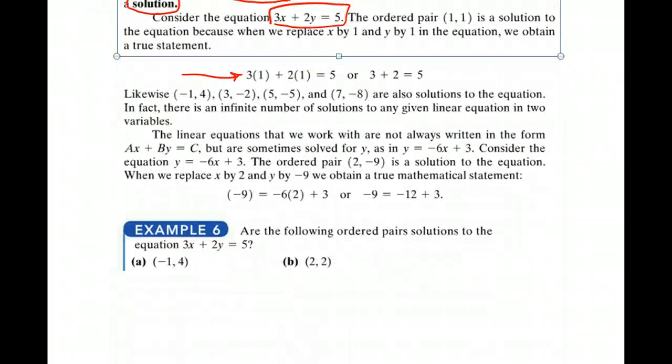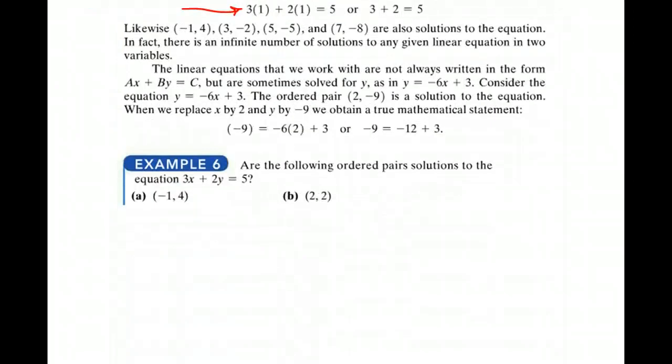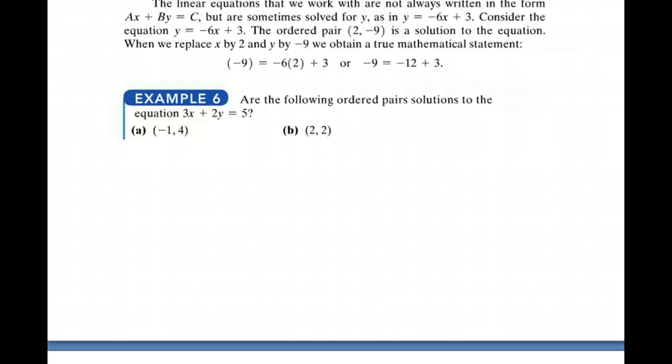So what we're going to look at in example 6 is whether or not the ordered pairs are solutions. And the way that we do that is simply by plugging the x coordinate in for x, we plug the y coordinate in for y, we simplify using the order of operations, and we test for truth.